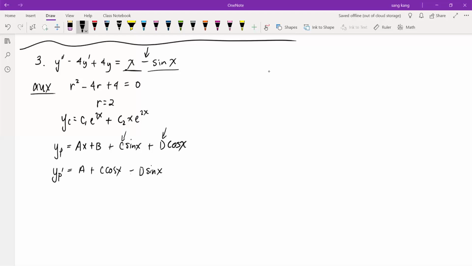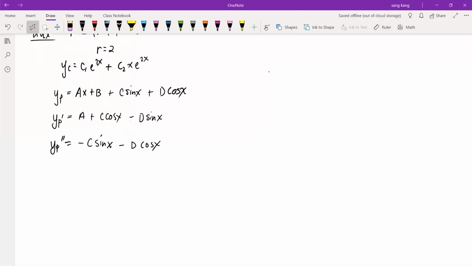Okay, yeah. Thanks. So you could have put a negative there, but it really doesn't matter because at the end of the day, when you solve for your coefficients, it'll fix itself. So I just like to keep everything positive. So y double prime p is going to be negative c sine x minus d cosine x.